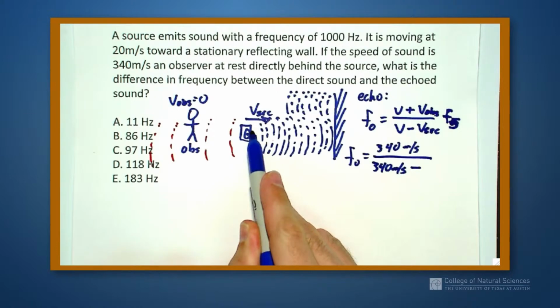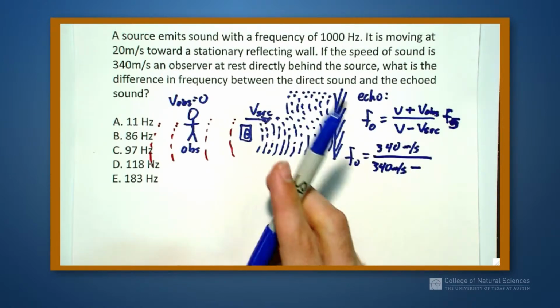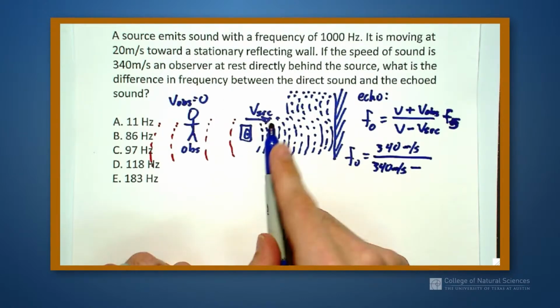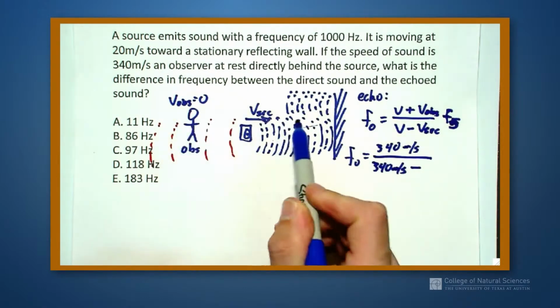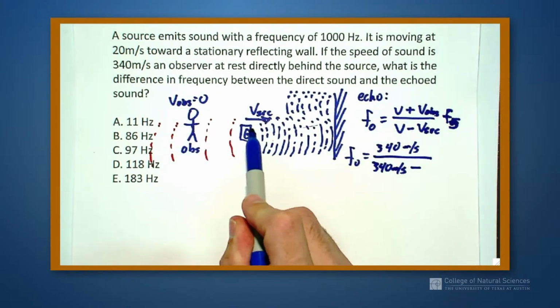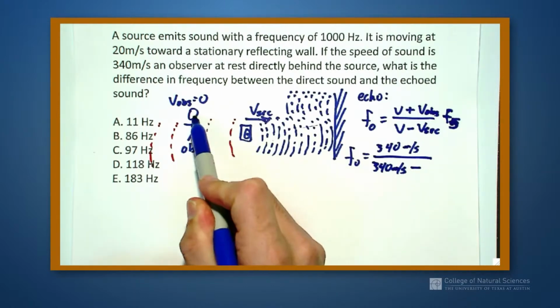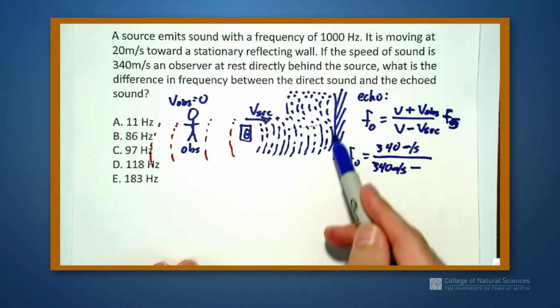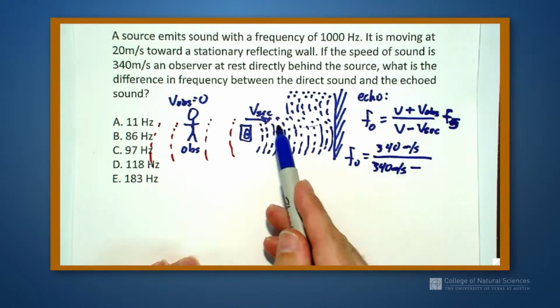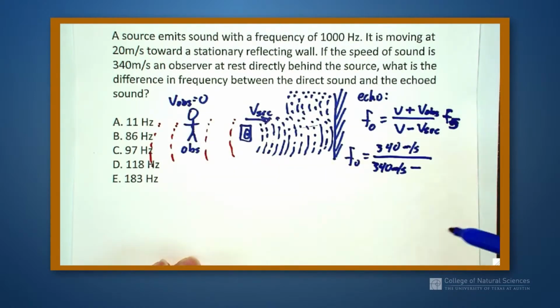Since I'm going towards the wall, this path that the sound travels from the source to the observer gets shorter and shorter. By going towards the reflecting wall, I'm actually getting closer to the reflection. Seems a little weird, but the reflection causes us to travel a shorter distance.